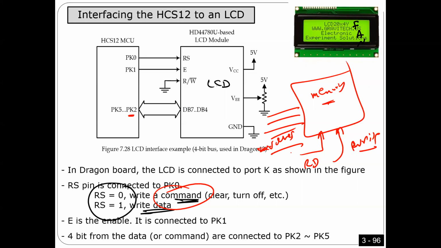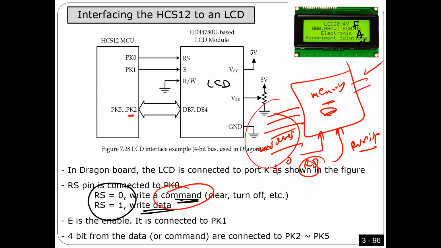Once I put the address, is the memory going to read? No, I have to give the command to the memory to read. So number one, I put the address. After that, I have to tell the memory that I already put the address, and that it can start working right now. How can you do that? You put 1 here on the RED. Once you do that, the memory is going to start working. It takes this address and gives you the value here.